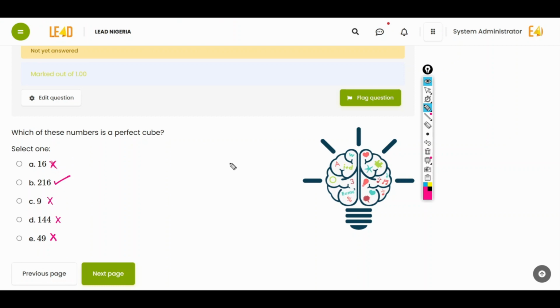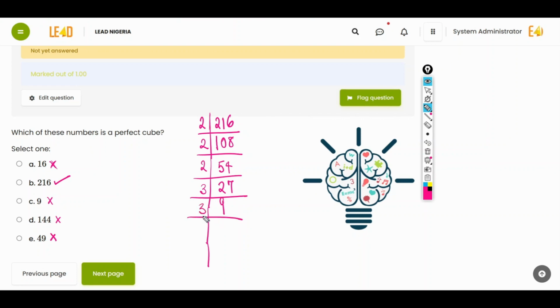But just to be doubly sure, let's look at the prime factorization of 216 and see if we can find the cube root of that. We have to do the prime factorization first, so I'll start with 2. If I work with 2, I'll have 108. I can use 2 again, I would have 54. I can use 2 again, I would have 27. Now I can use 3, I would have 9.